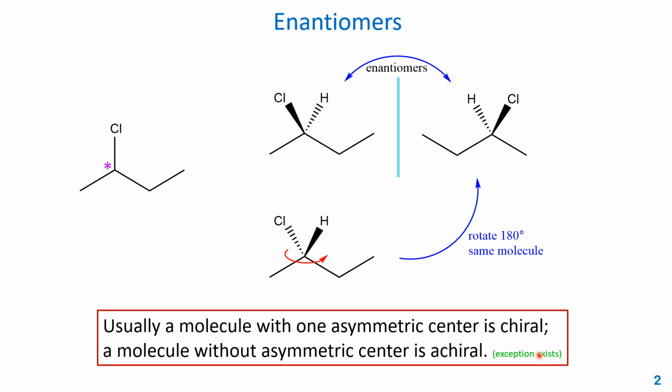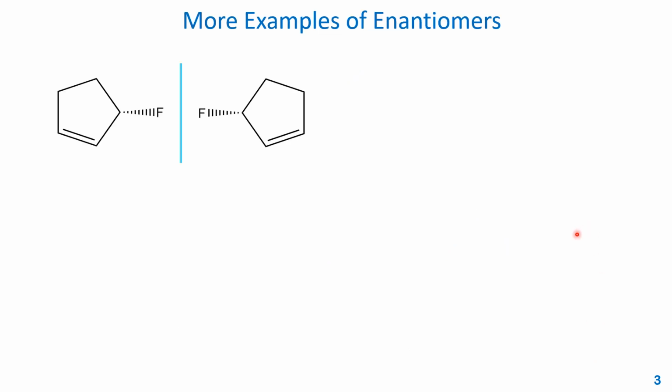Those chiral compounds don't have an asymmetric center, but that's a very special case. So in this mini lecture, I will not talk too much about that. We will talk about the common, normal case.